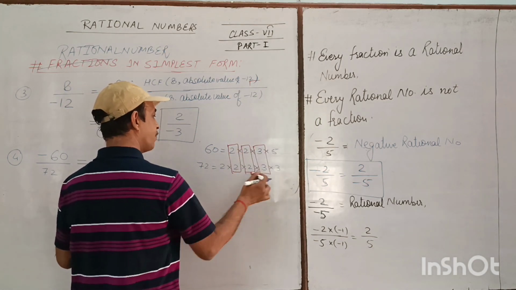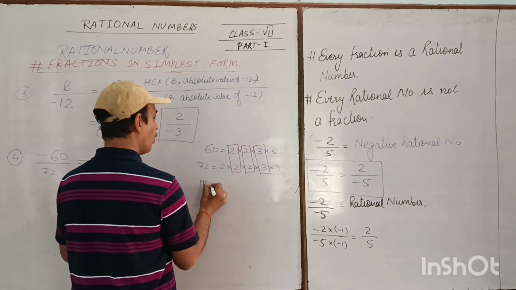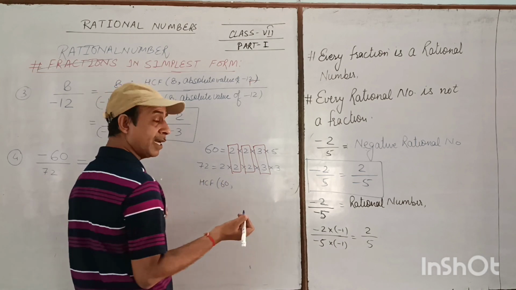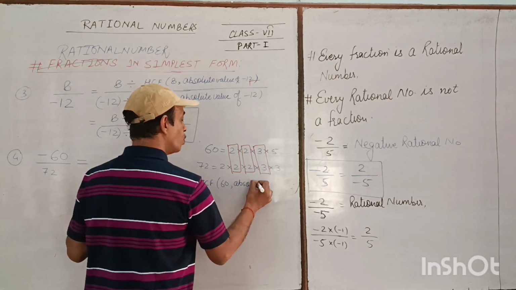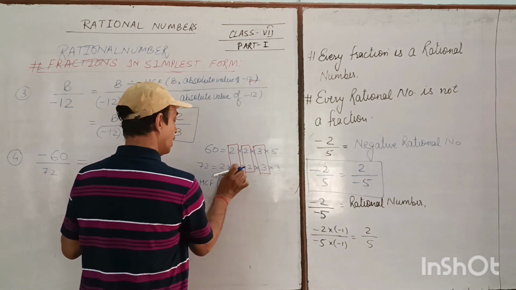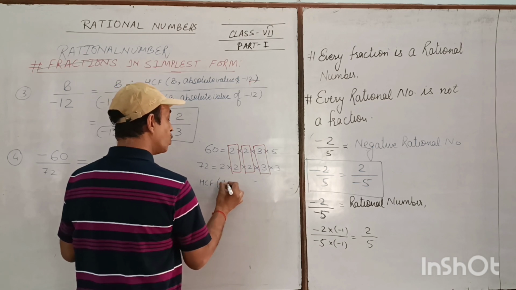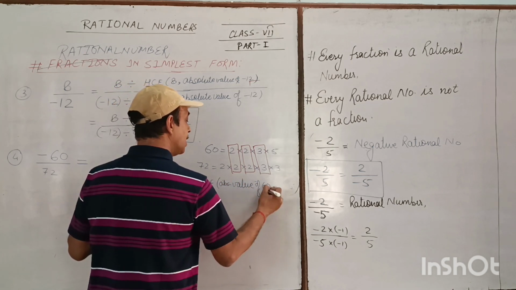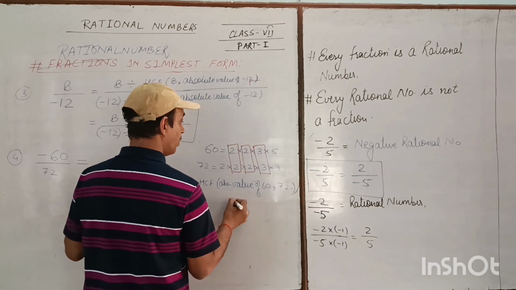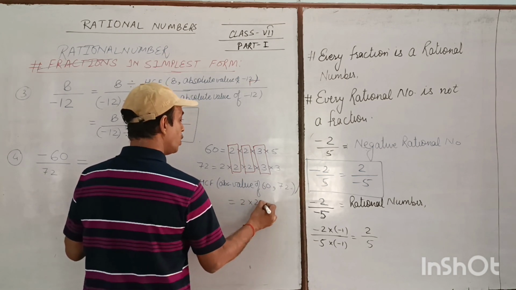What can you say about the HCF of the absolute value of 60 and 72? It will be 2 into 2 into 3.